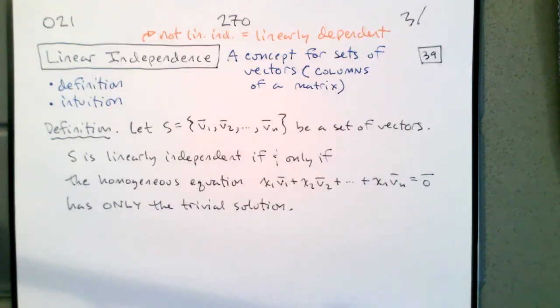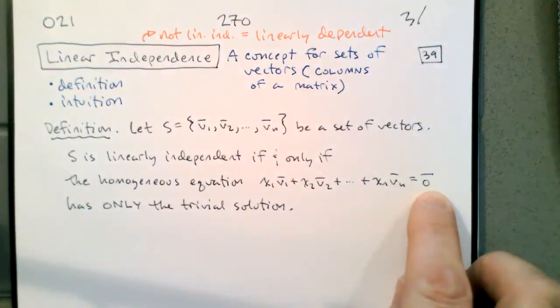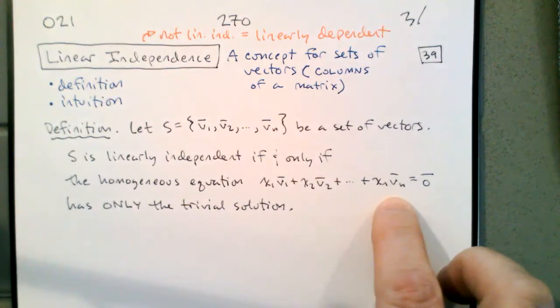We can't just say the equation. It has to be the homogeneous equation. That's the other word that we pronounce weird because we're math people. The homogeneous equation. The homogeneous part refers to the 0 at the end. We're making a linear combination of the vectors in the set.